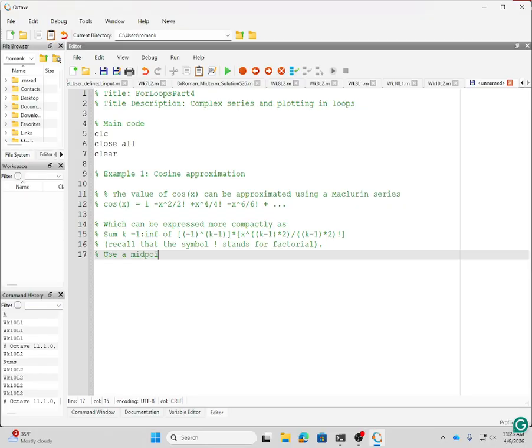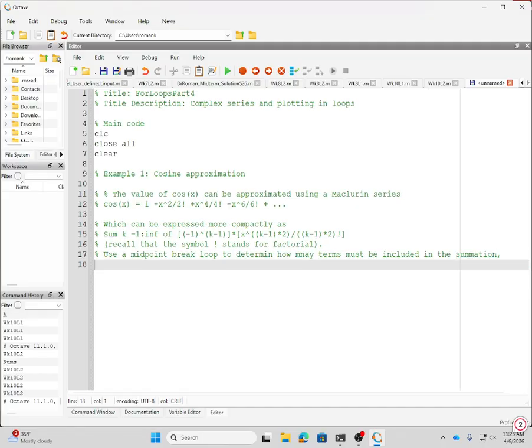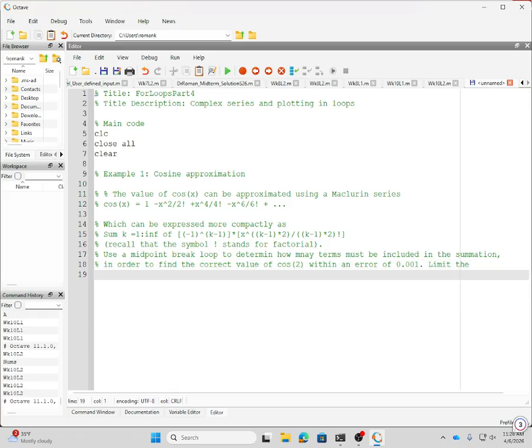So use a midpoint break loop to determine how many terms must be included in the summation, okay, in order to find the correct value of cos 2 within an error of 0.001, limit the number of iterations to a maximum of 20.